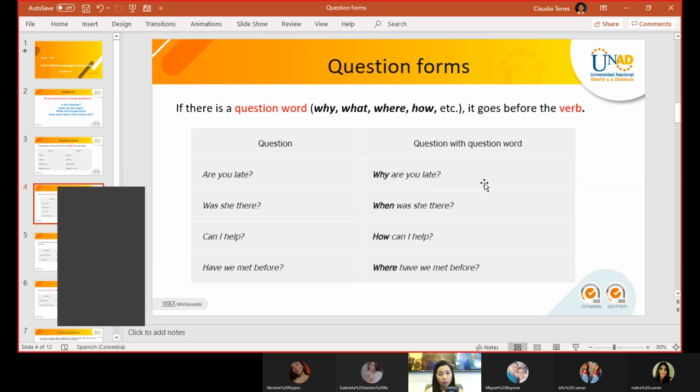Now look at the next one. Why are you late? But here remember, we need to raise intonation. Why are you late? And here why comes before the verb to be. So why, are, you, the pronoun, the complement, and question mark.